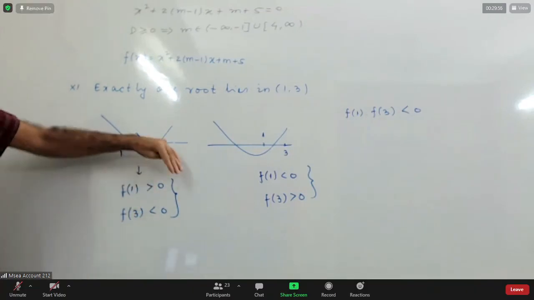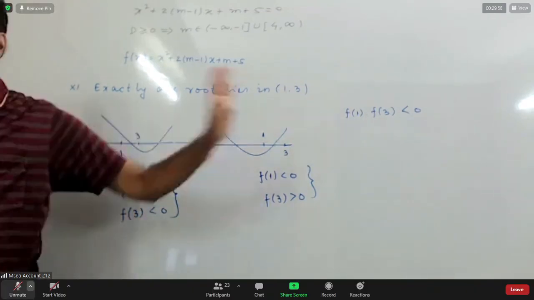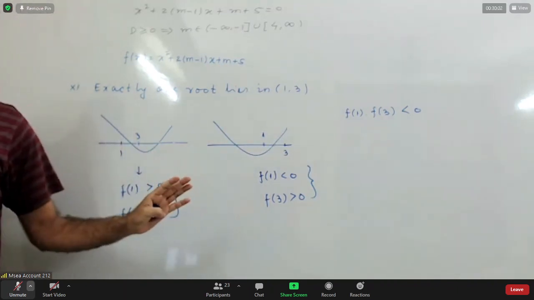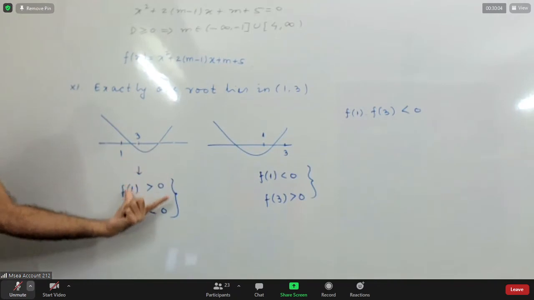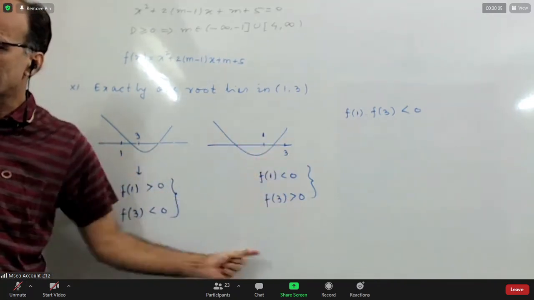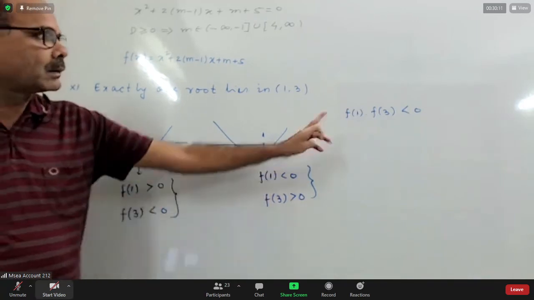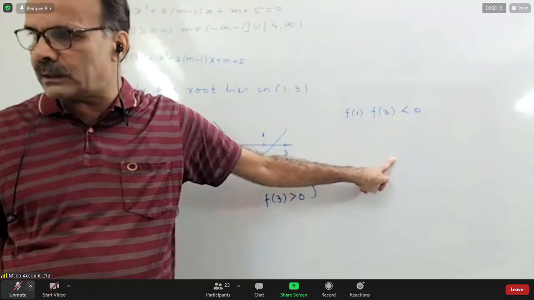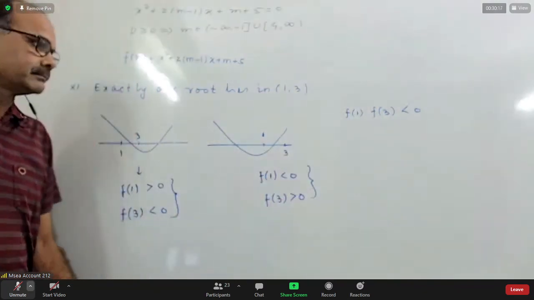You solve it separately and check the answer finally. Okay, I'm giving you what you do. Find the values of m satisfying this, find the values of m satisfying this, take the union, and f(1) times f(3) is less than 0. Whatever value we are getting from here, both will be the same.